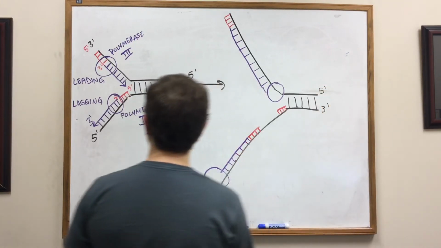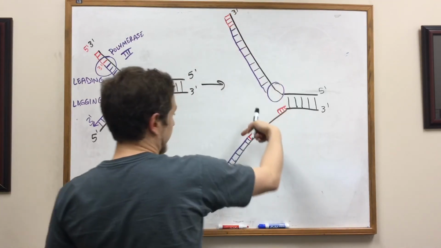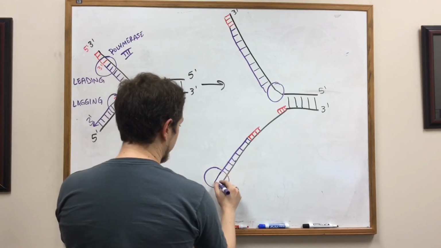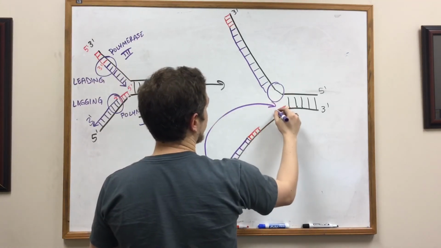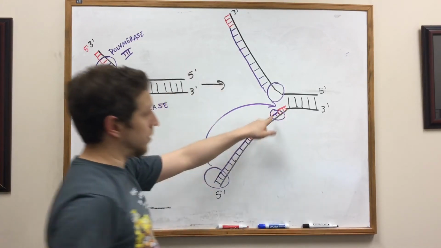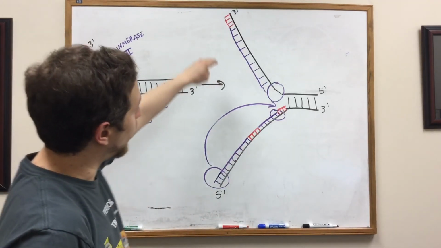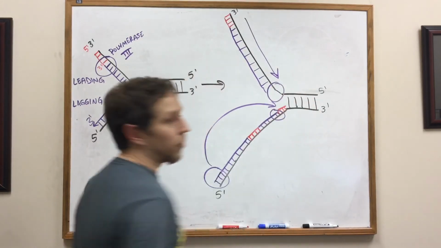On the other hand, you have a polymerase that's going to synthesize in this direction, and then once it reaches the end here, it's going to hop back, bind here, and synthesize another fragment of DNA up to the previous primer. So this is why one strand is called the leading strand and the other is called the lagging strand.